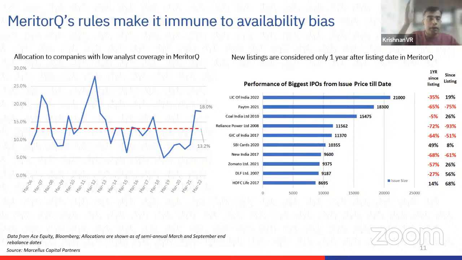What we did is we looked at some of the large listings over the last 10 years from 2010, and that's what you see on the right chart on the slide. What we looked at is the 1 year returns since listing. And what you find there is out of 10 such cases, 8 cases had negative returns one year since listing.